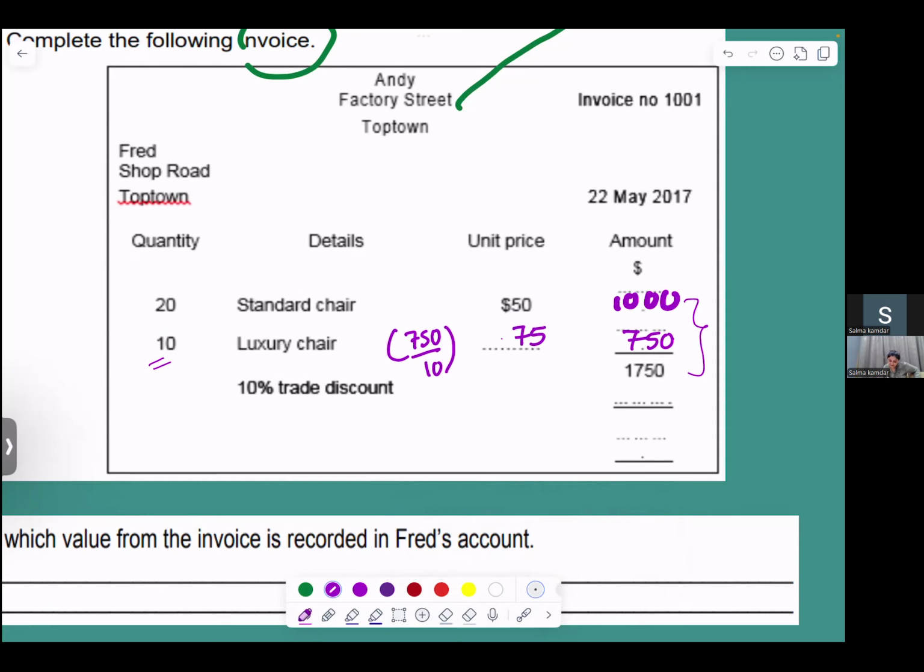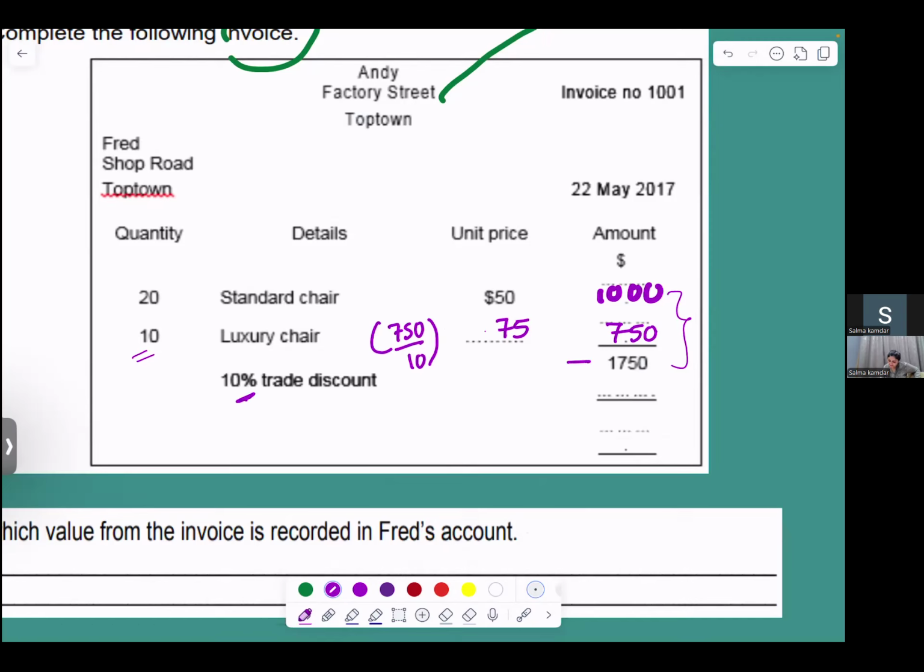There is a 10% trade discount. This is the list price. So 10% trade discount would be 1750 into 10%. That's 175. Since it's a minus, it has to be shown in brackets. And the net list price becomes 1575.